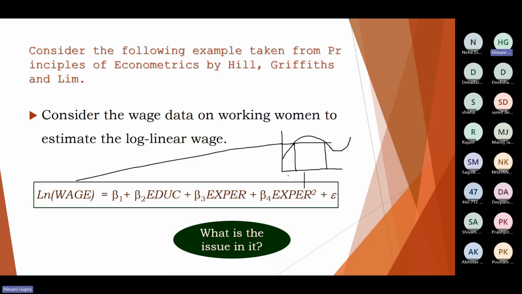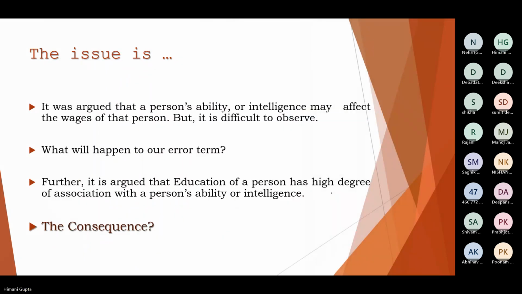Now over here I am saying there is the ability of the working person, which is sitting in my error term. The ability of a person comes with experience as well as from education. So ability is sitting in the error term, which I cannot measure, I cannot observe. So what is the issue?